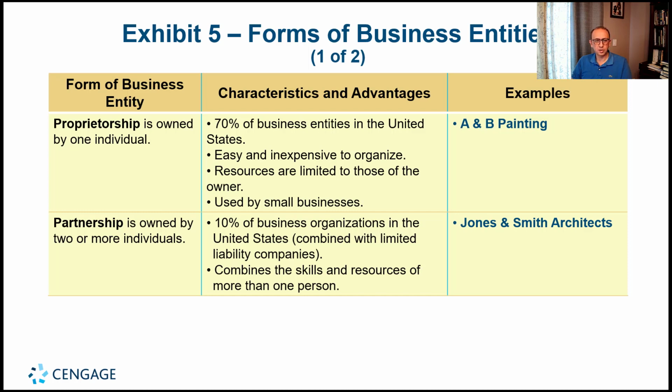And by the way, there's another form of partnership called the limited liability company, and that would fall under the umbrella of partnerships. So only 10% compared to 70% where it's only one person. Partnerships combine the skills and resources of more than one person. That's a good thing about partnerships.